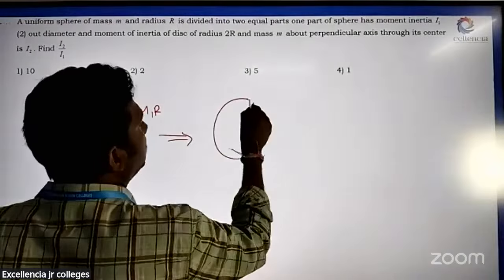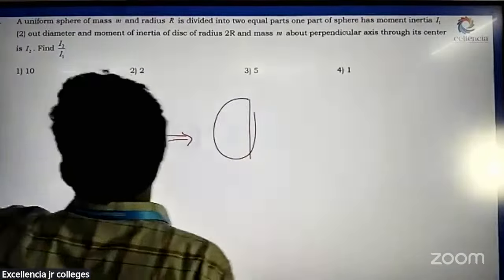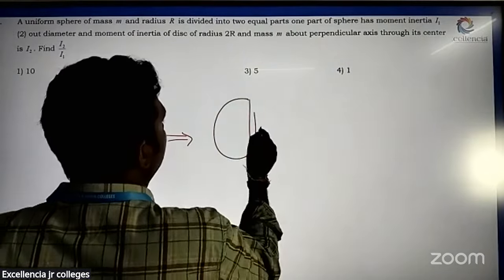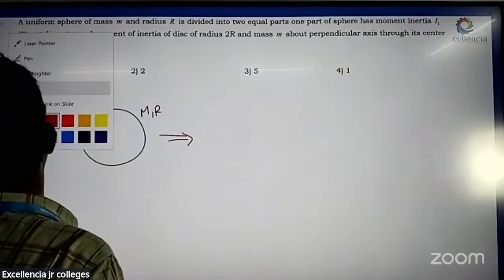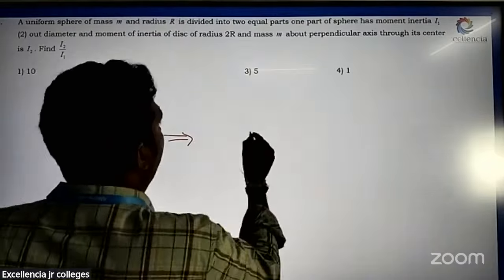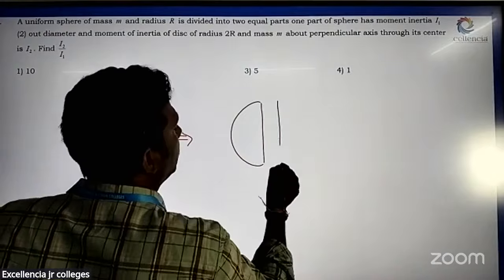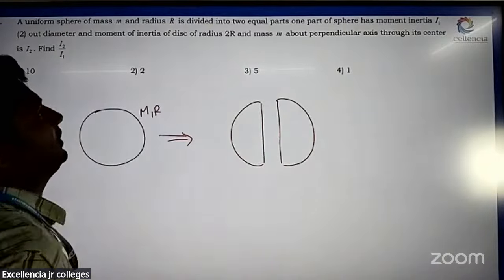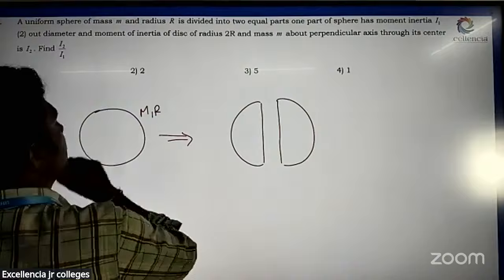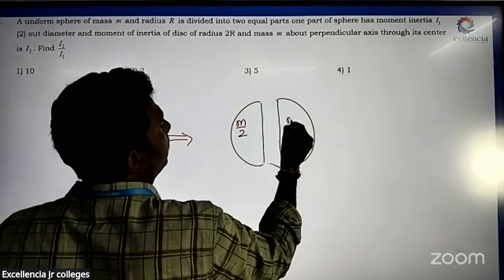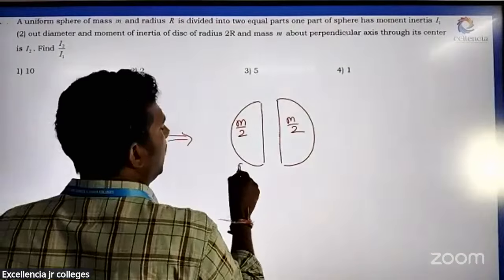One part will be like this, and another part will be like this, two hemispheres. Equally they divide, which means if the mass is m, the mass of this will be m by 2, and this is also m by 2. The radius won't change, r and r.